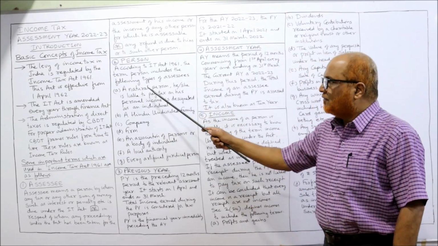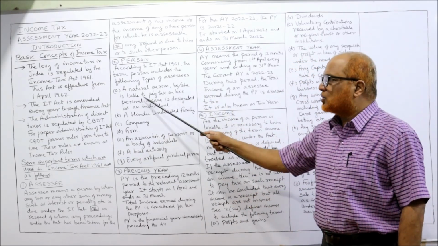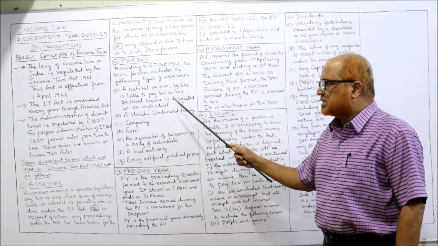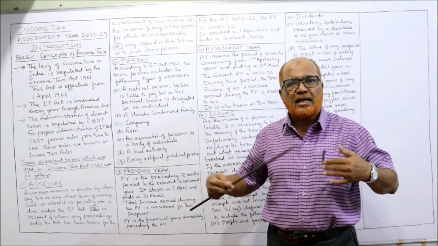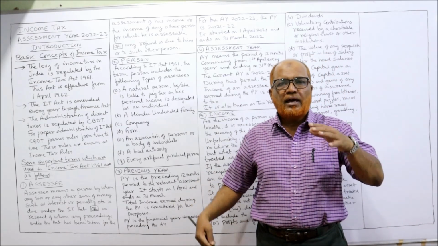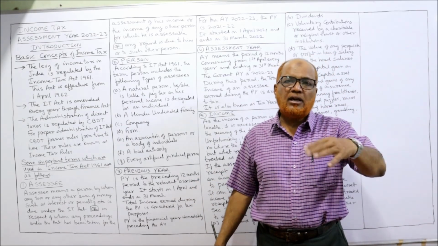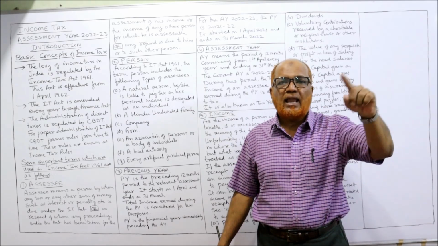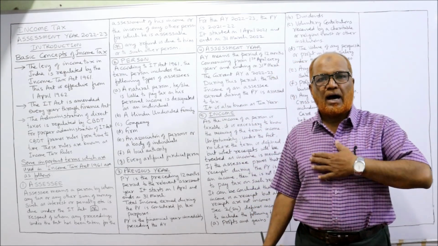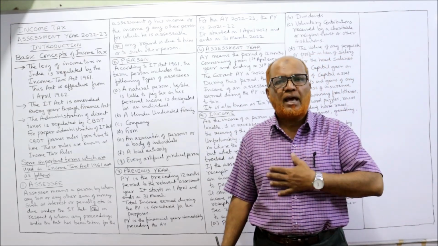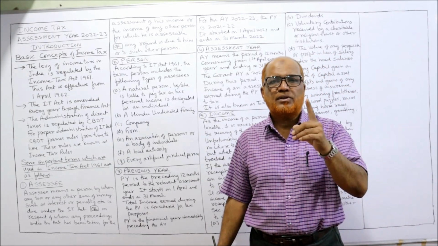Who are the persons? First, a natural person, he or she who is liable to pay tax on his personal income, is designated as an individual. A natural person just like us. So I am an individual. I am a natural person.